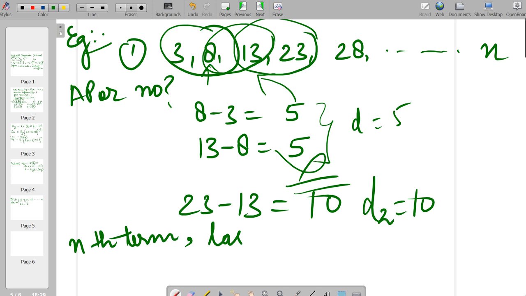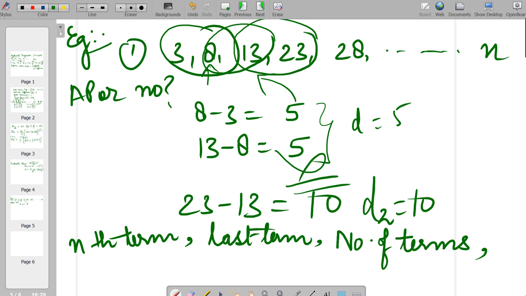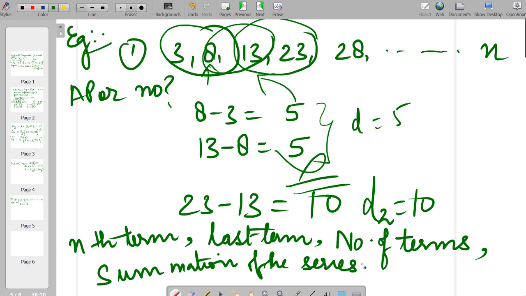They can ask you to find the last term, or they have a list of numbers in a series and they will ask you to calculate the number of terms in this series. They might ask you in this way also, or they might ask you for the summation of the series. All these things we'll see in the next coming sessions.